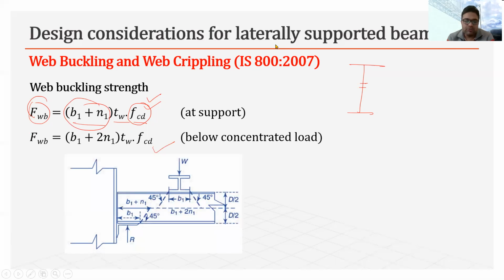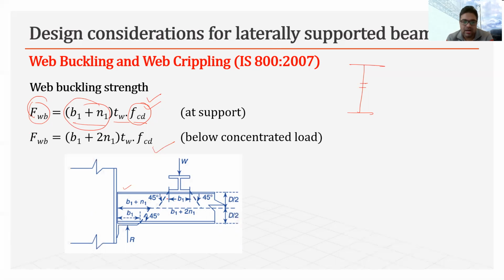Now, in this diagram, you see this is the main beam, and this beam is supporting a secondary beam, a secondary I section. So the width of flange is B1, and the load of this beam can be considered as a concentrated vertical load.